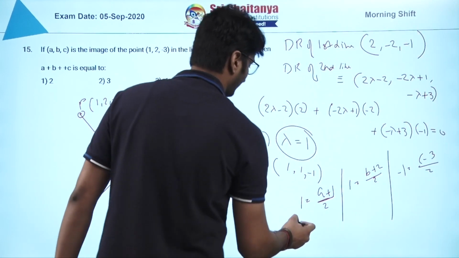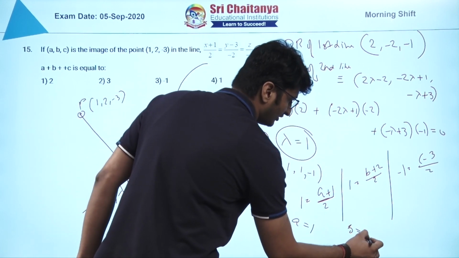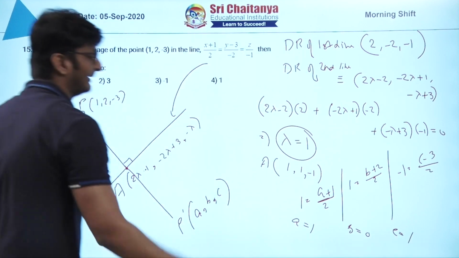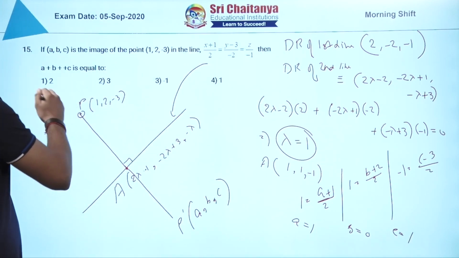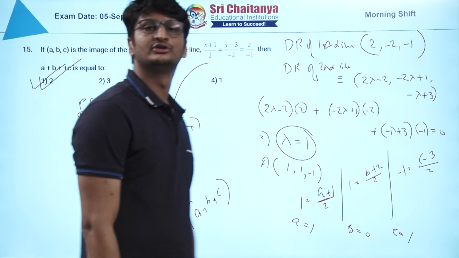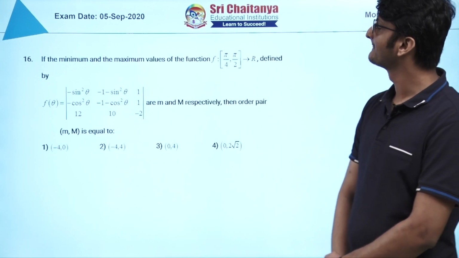Simplifying you are getting the value of a is 1, b is 0, c is 1. A plus b plus c they have asked, so it is obviously 2. Option number 1 is the correct choice to tick. Let us move to the next question please.